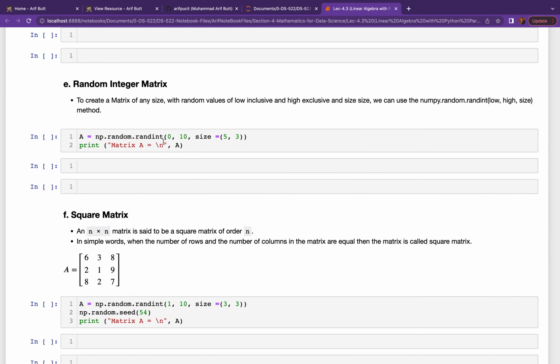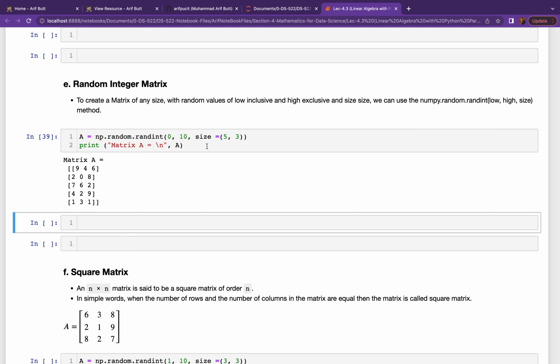Random integer matrix: you can use the randint method of the random module of NumPy to create a matrix of size, let's suppose over here 5 by 3, and including elements from 0 inclusive to 10 not inclusive. Let me run it.